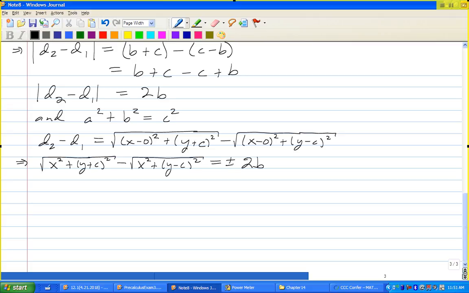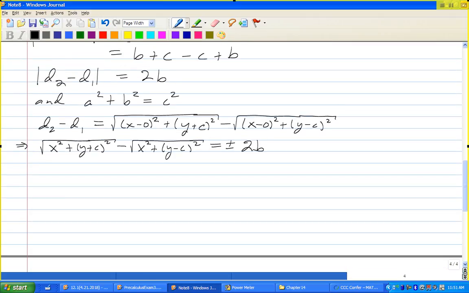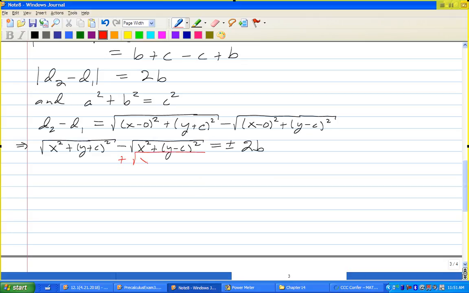But I'm not sure if this is positive or negative, so I'll put plus or minus, because it's equal to its absolute value, whatever that is. So let's add the radical of x squared plus (y minus c) squared to both sides of my equation.